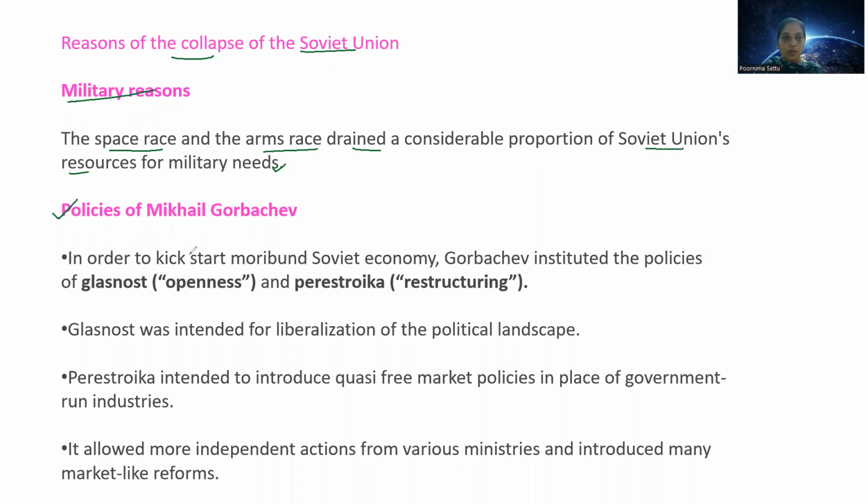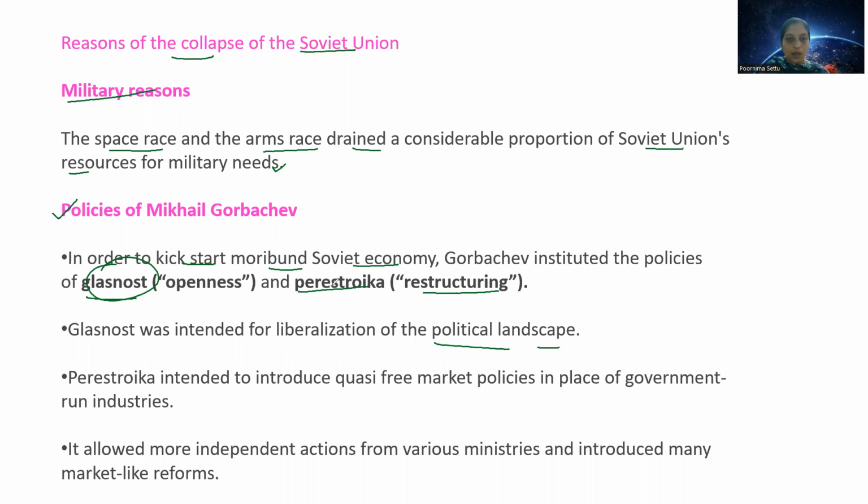In order to kickstart the Soviet economy, Gorbachev instituted two policies. One is glasnost, called openness, and the next is perestroika, restructuring. Glasnost was meant for the liberalization of the political landscape.